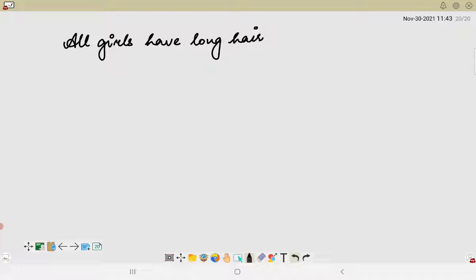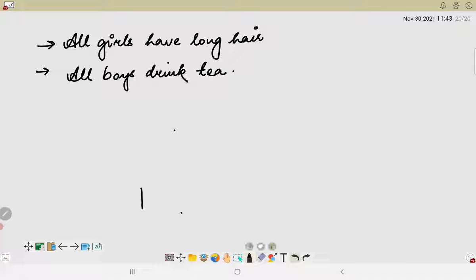Likewise, let us consider another statement: all boys drink tea. No matter what, if we consider x and x belongs to the set of boys, we can also represent this with the values x1, x2, x3, x4, dot dot dot, and xn.